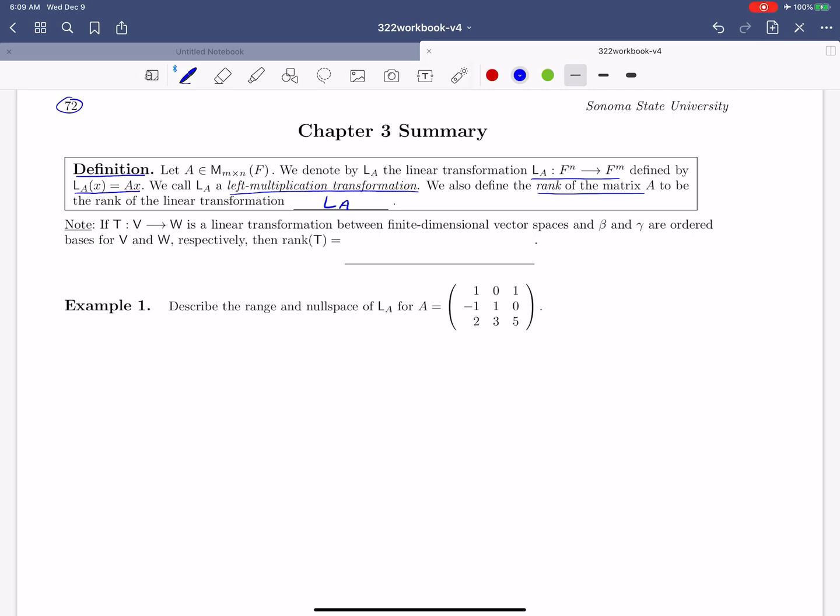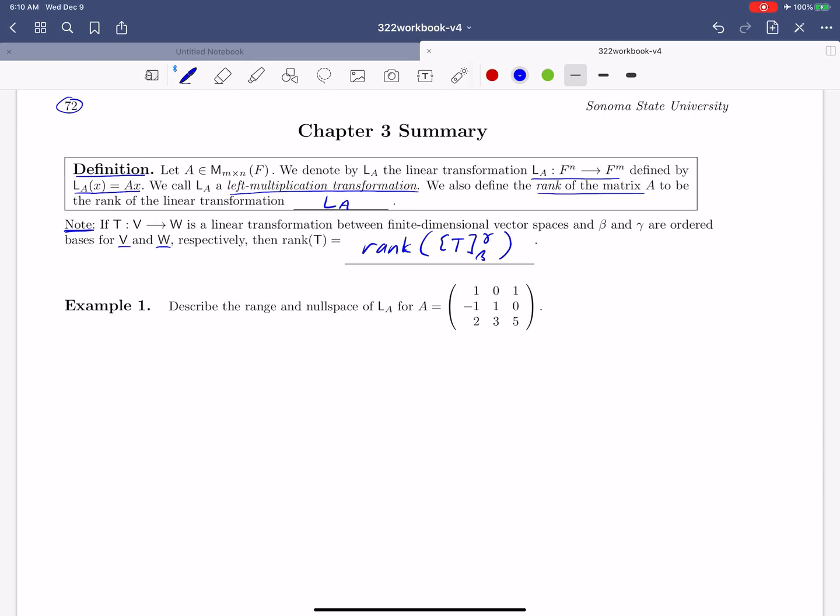Now, there's one note that goes with this definition. This note is actually a theorem, and let's read this together. It says if we start with a linear transformation T from V to W, where V and W are both finite dimensional vector spaces, and if we choose bases beta and gamma for our domain V and our codomain W, then the rank of that linear transformation will actually equal the rank of the matrix of that transformation taking us from beta to gamma coordinates.